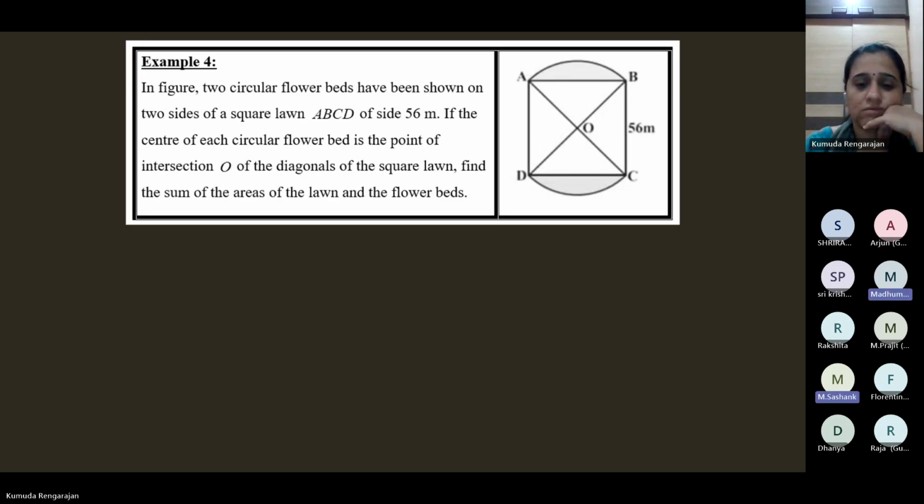No, ma'am. So this becomes a part of the extra problems now. This was a part of NCERT until last year. Now it's removed from the textbook, but it becomes a part of the extra problems.